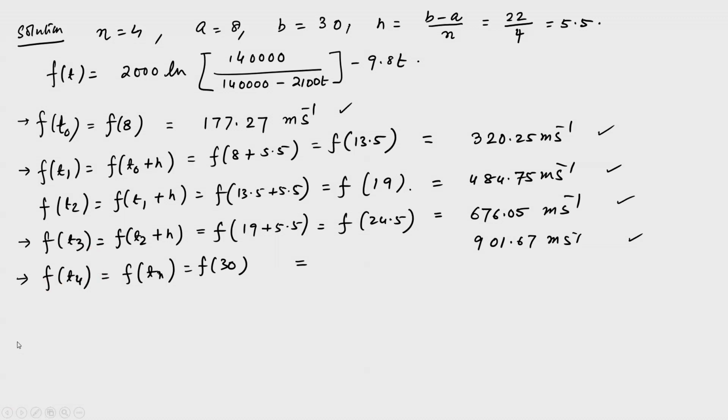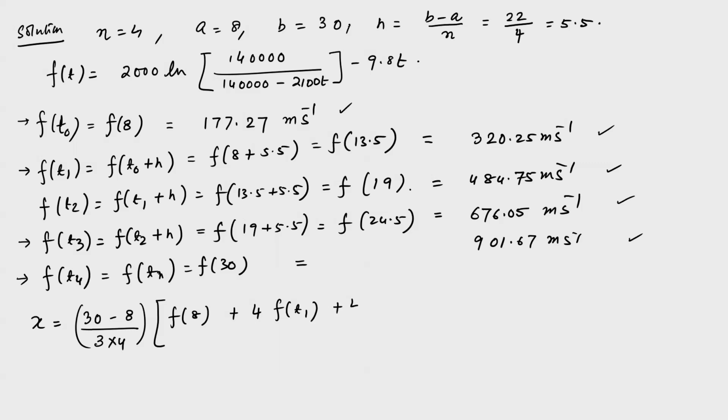Okay. So, if we put in everything, my x will become 30 minus 8 divided by 3 into 4, that is 22 by 12, and then I have f of 8 plus 4 times f of t 1 plus 2 f of t 2, written in a bracket so that it looks the same as the way we have written it, and then finally f of 30.